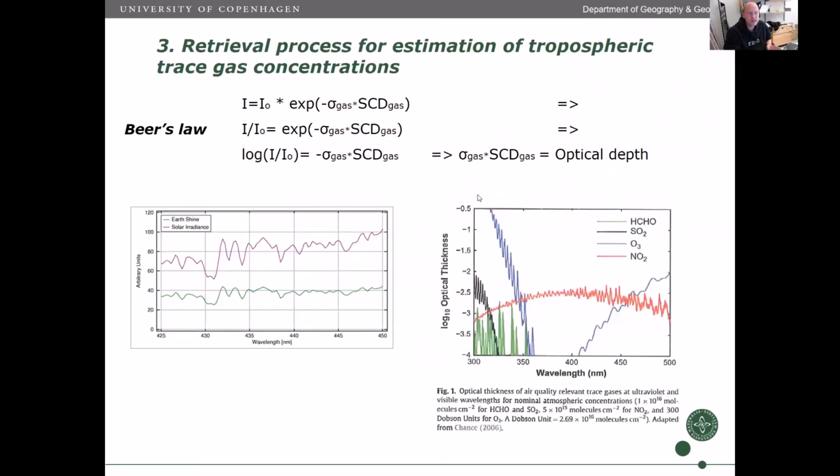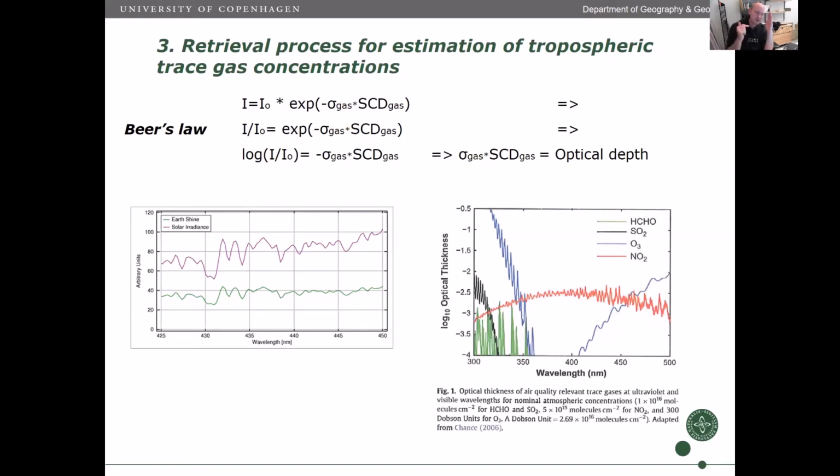So what we next need to do is to relate our measurements of the optical depth, or the logarithm of the transmitted divided by the incoming, with the actual concentrations of the trace gas. And what we can start with is to go to a laboratory. We have a certain amount of air, and we put in a certain concentration of nitrogen dioxide.